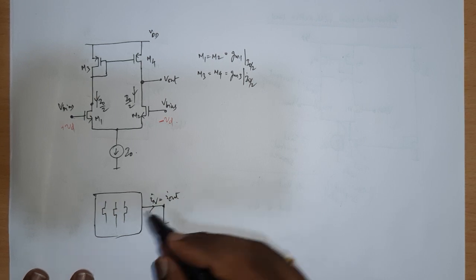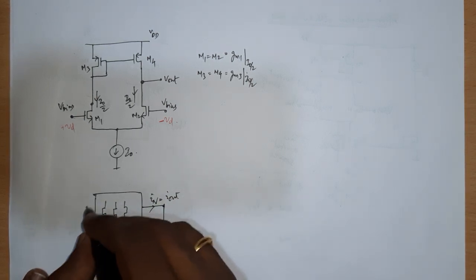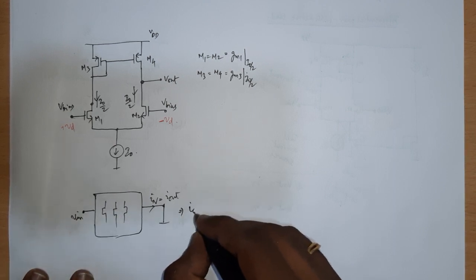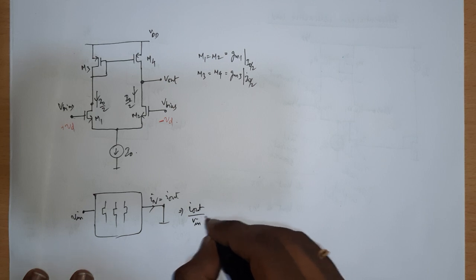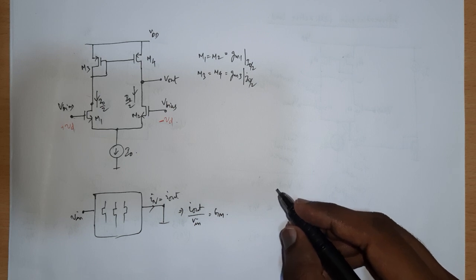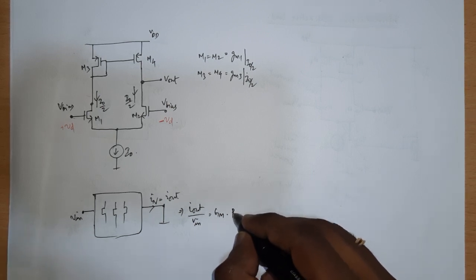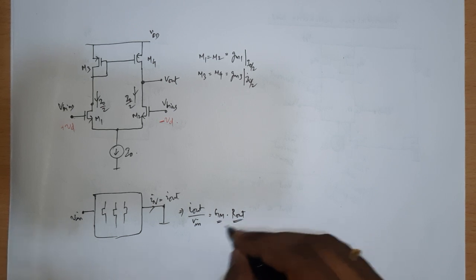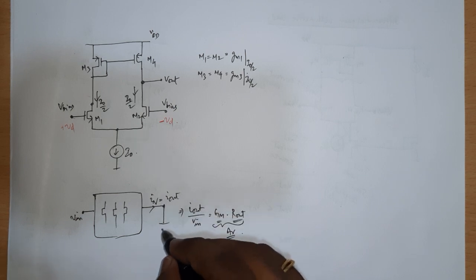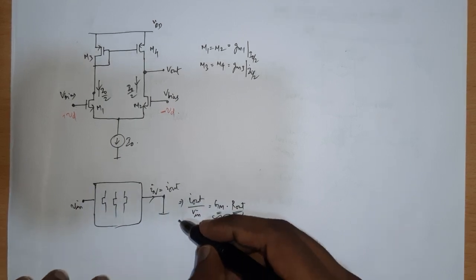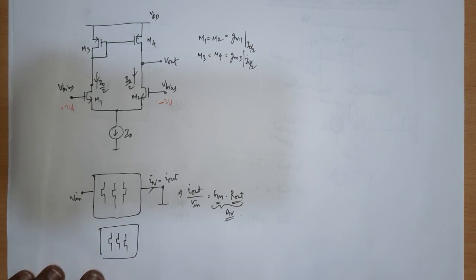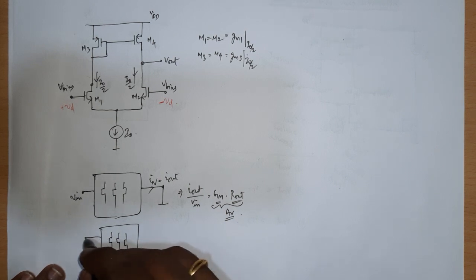This is the output current, or the Norton equivalent short circuit current, with the output node being shorted, for some value of V in. This I out by V in is the gm, some transconductance form. If you figure that out and multiply it with R out, then this factor will be the gain of the transistor. R out is obtained by taking the same black box, with the input deactivated.